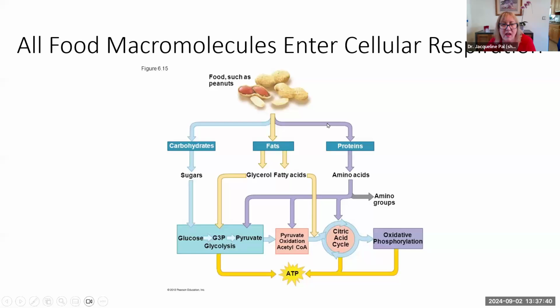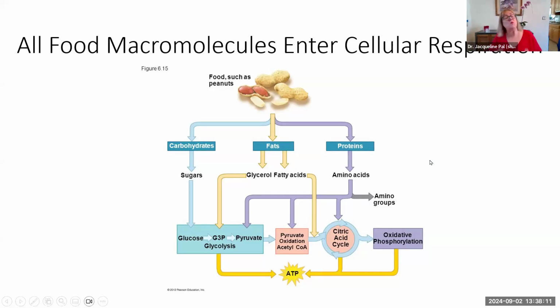Some amino acids will end up as pyruvate, so it's not going to be making 36 ATP. Some amino acids will be starting at the linking reaction. Some amino acids will be starting at various places in the citric acid cycle. So you can see with proteins, we have a totally variable number of ATPs we can make from each protein.